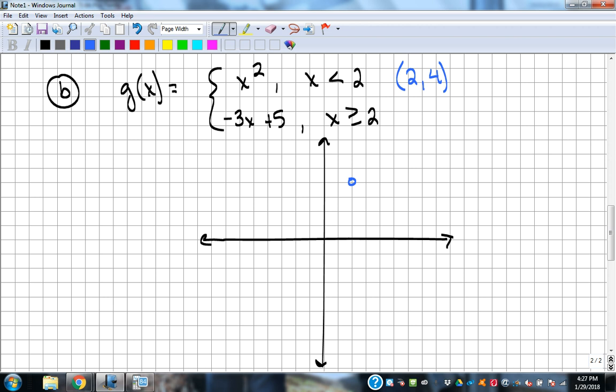Anything less than 2. Okay, so even if I don't know any of that stuff about x squared, I can still get the picture by just picking some x values that are less than 2 and plugging them in. So if I pick 1 and plug it in, 1 squared is 1, right? So that 1, 1 is a point. If I pick 0, that's less than 2. 0 squared is 0.